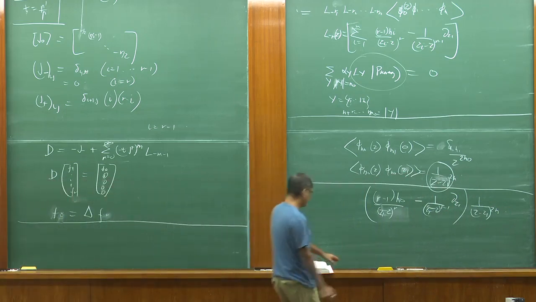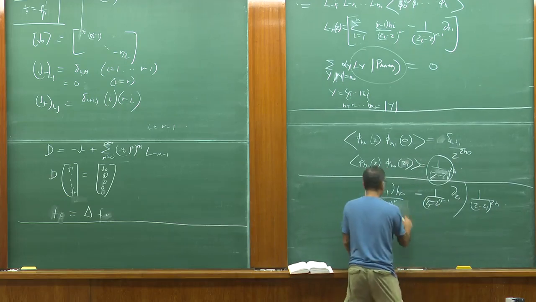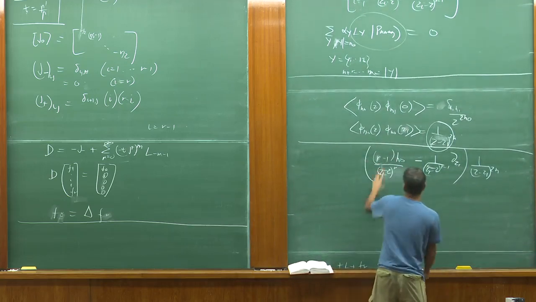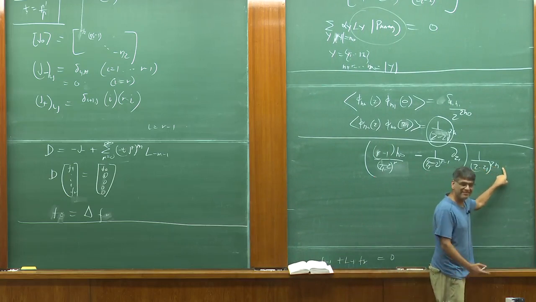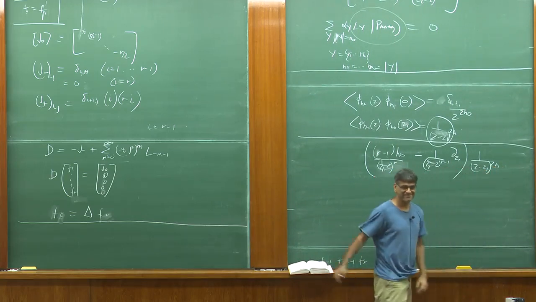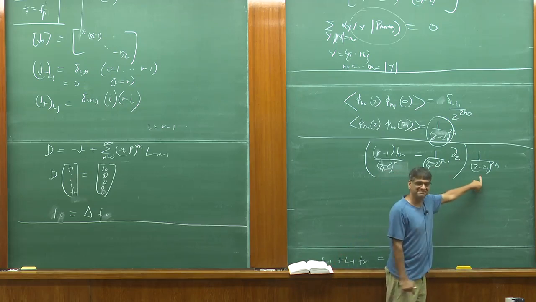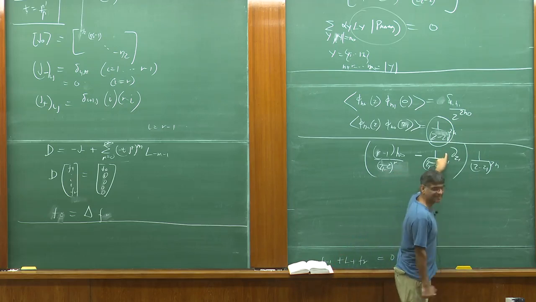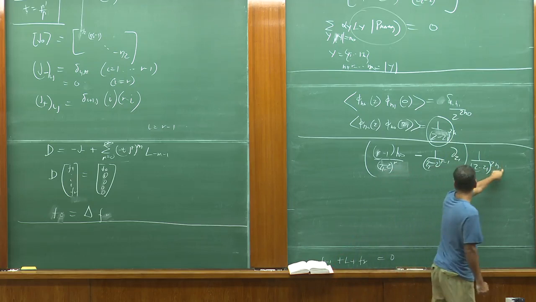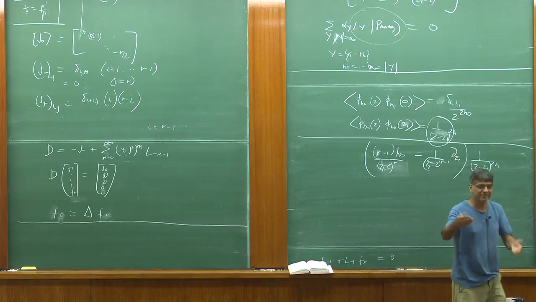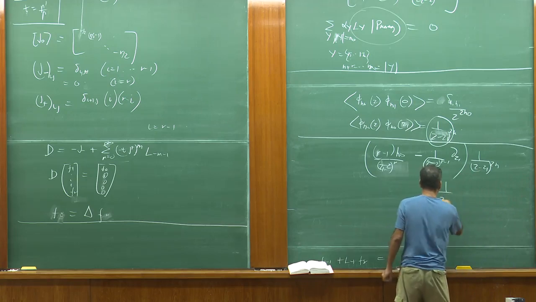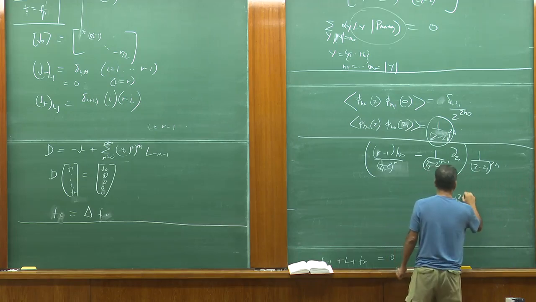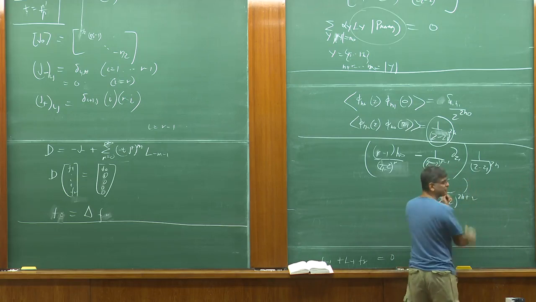Now let's work this out. This guy is some number times z minus z1 to the power 2h plus r. Same with this guy, because when we differentiate this, we get 2h plus 1 and then this multiplies by r. So what we get is 1 over z1 minus z to the power 2h plus r times some effective number.